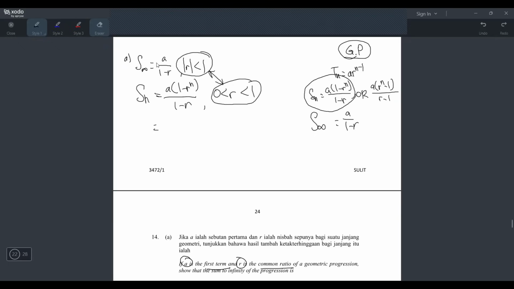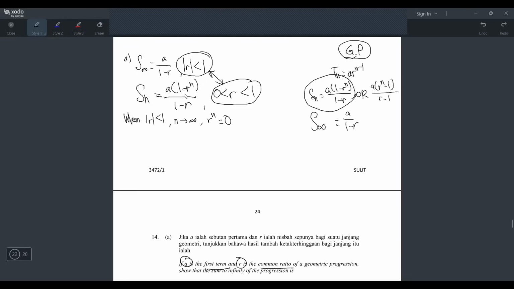I will explain why r has to be in between 0 and 1 to prove the S infinity. When modulus r is smaller than 1, your r is like 0 point something, and when n is infinity, your r power n will be 0.